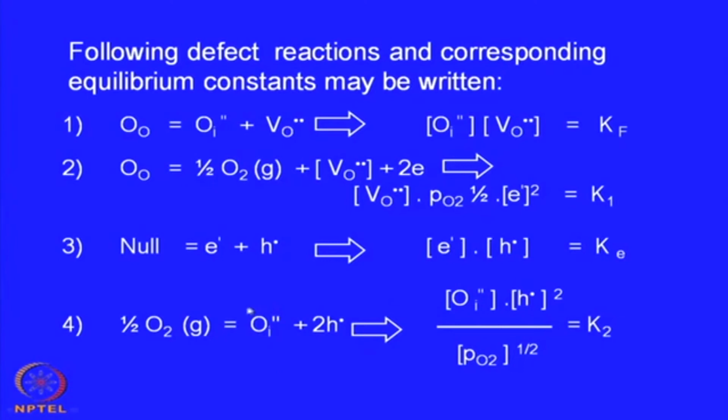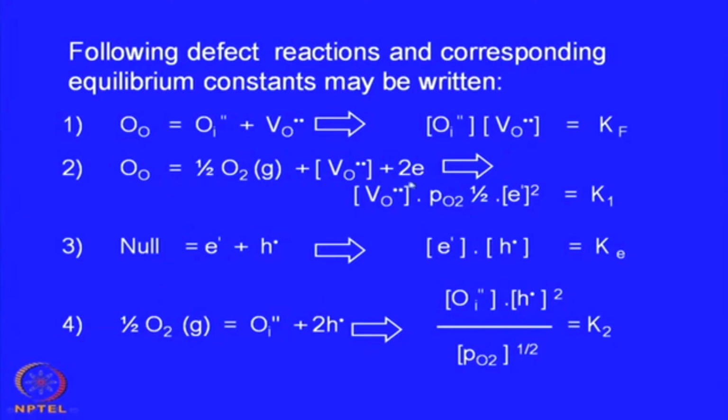So, based on that assumption, if more oxygen gas is available outside in the atmosphere, part of it will certainly pressurize the system to go in as oxygen interstitials, and once the oxygen interstitial goes in, then an electron hole will be created.